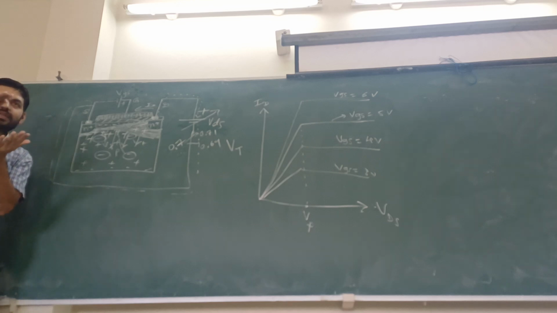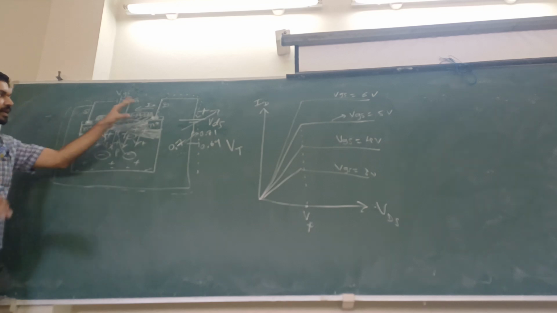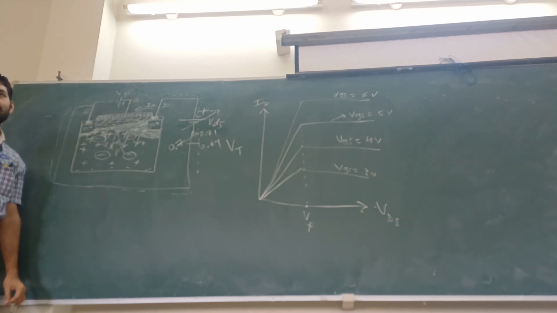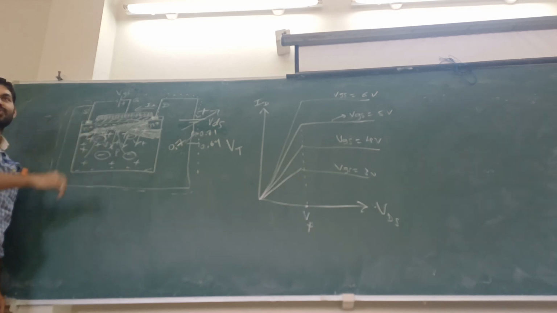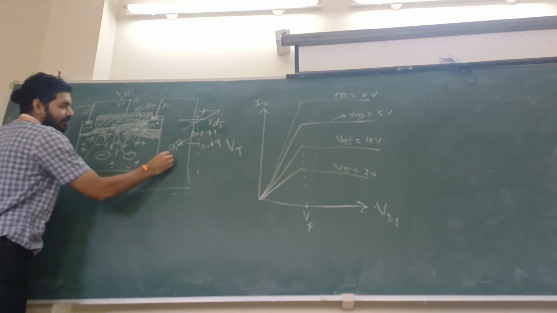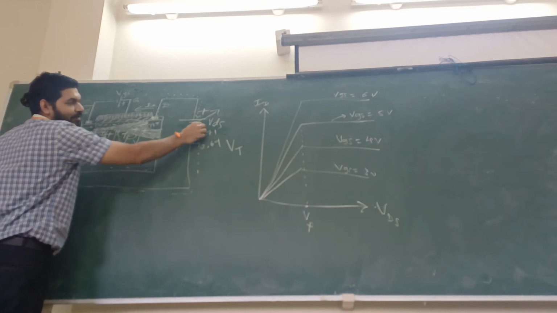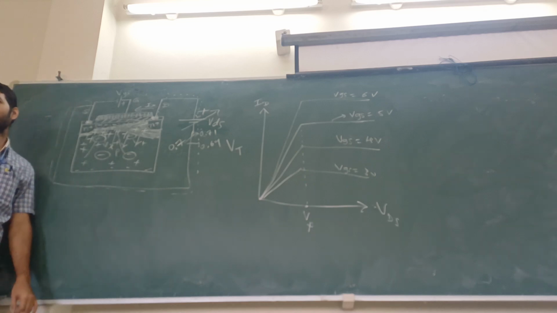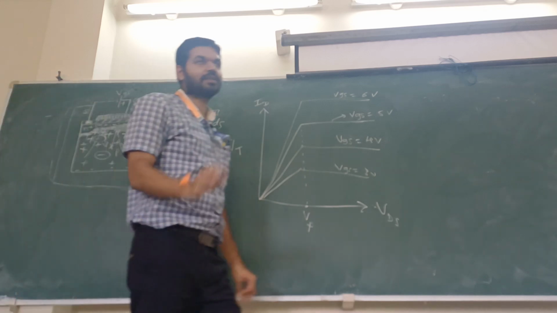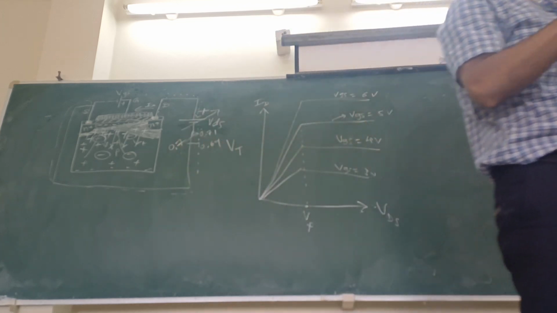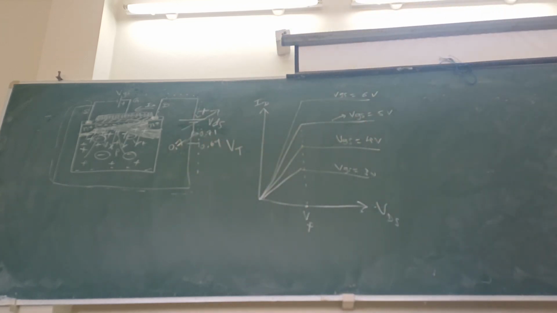When I go on increasing the oxide layer, the electric field will decrease. When the electric field decreases, these electrons are attracted at a slower rate. At that time, I am increasing the threshold voltage. 0.7 will change to 0.71 or 0.72. Getting it? These are the ways of adjusting the threshold voltage of any device.